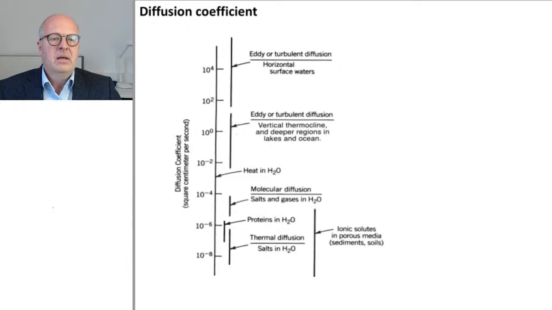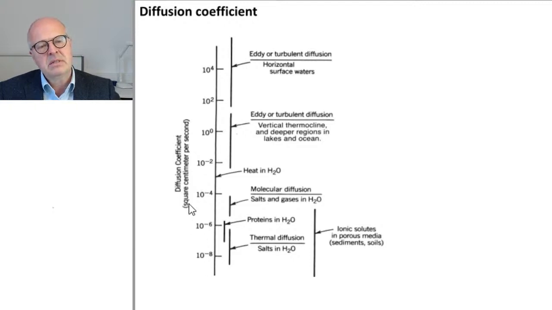Now, it is interesting to actually juxtapose or compare diffusion and dispersion. And this is done on this scale. Now, if we look at the thermal diffusion, for example, of salts in water, we observe diffusion coefficients from 10 to the minus 8.